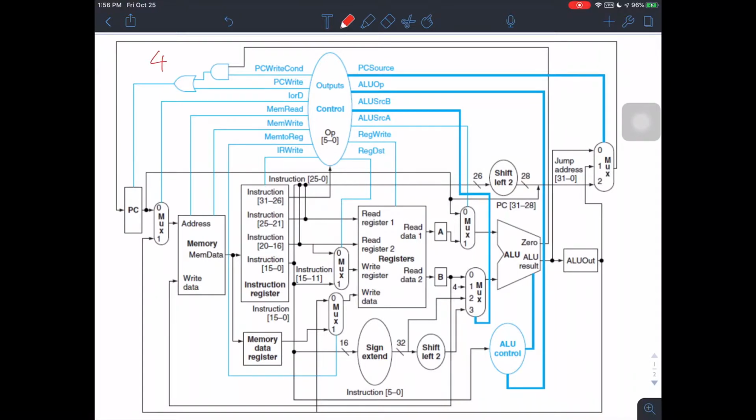Then for the fourth cycle, the data is fetched from the memory address calculated in the previous step and stored into the register MDR so that it can be ready to be written into the register in the next cycle.